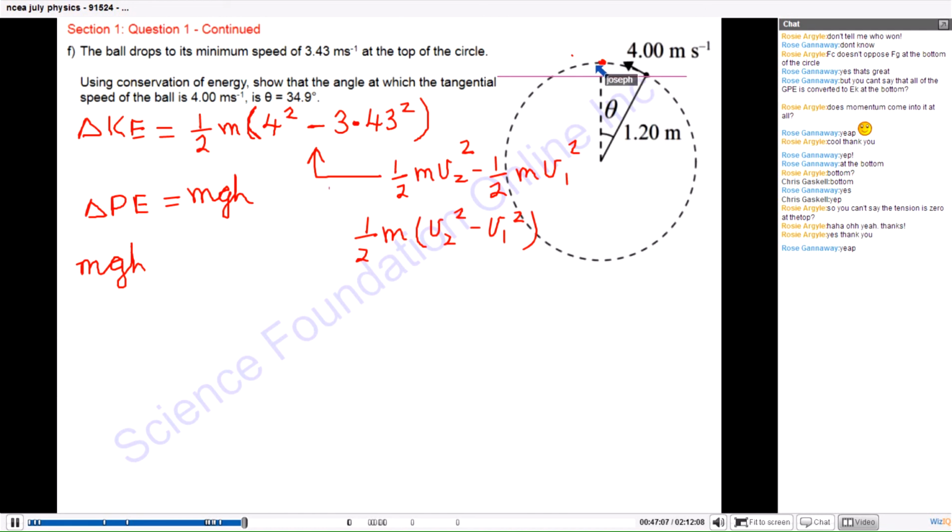That difference in height there is h. Mgh is going to be half mv squared, or half m times this 4 squared minus 3.43 squared. We erase some of this here, so there's a bit more room.